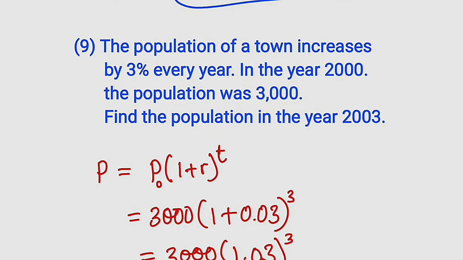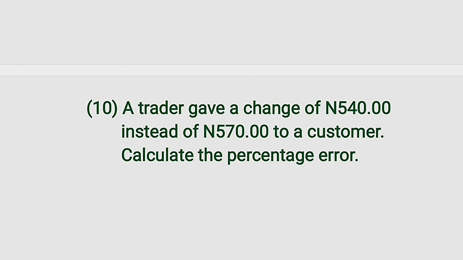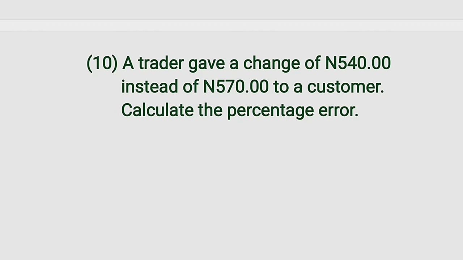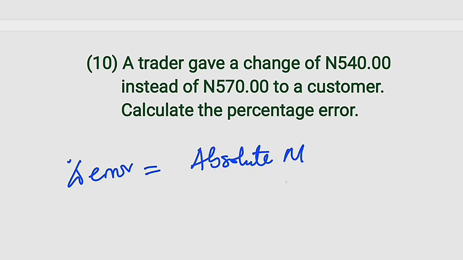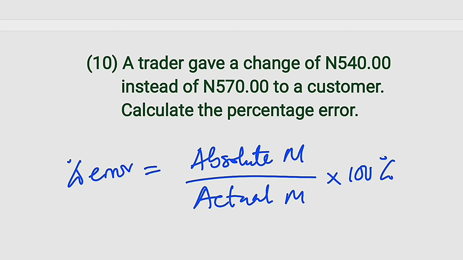Now let us move on to question number 10. Question number 10, a trader gave a change of 540 naira instead of 570 naira to a customer. We're asked to calculate the percentage error. Alright, let's do that. Remember the formula, it states that percentage error is equal to the absolute error divided by the actual measure, multiplied by 100%.